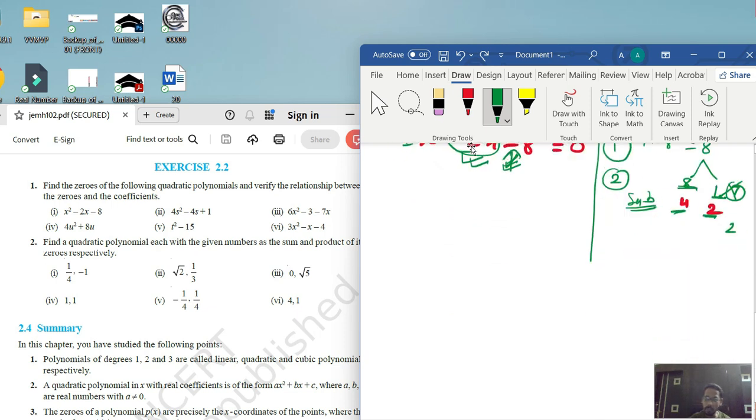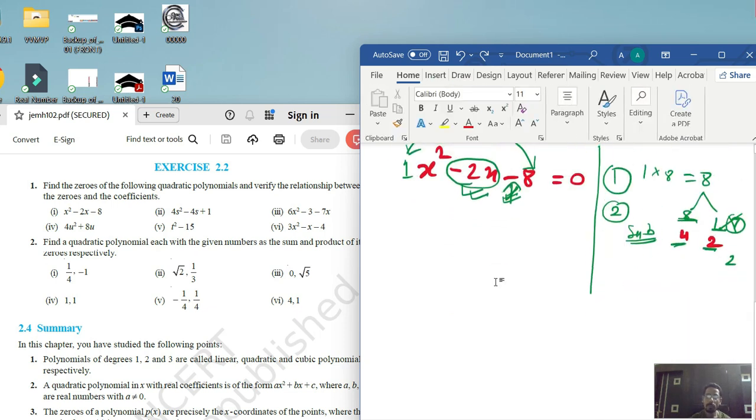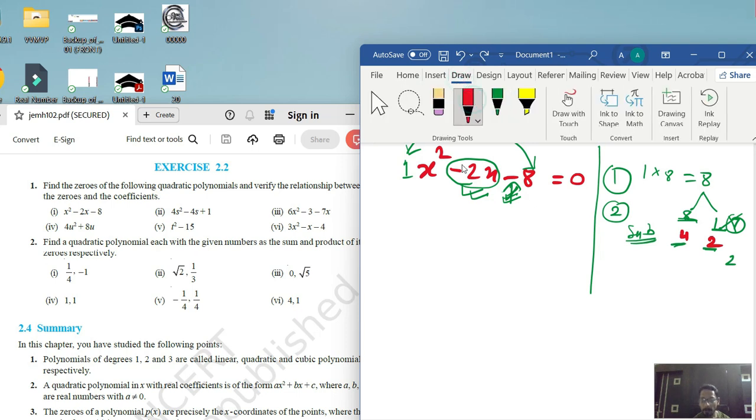Okay, so first and last will be same. In the middle, instead of minus 2x, we will write 4x, and then 2x. And as you know, we have to subtract it and we need minus sign. So bigger will be minus and smaller will be plus.